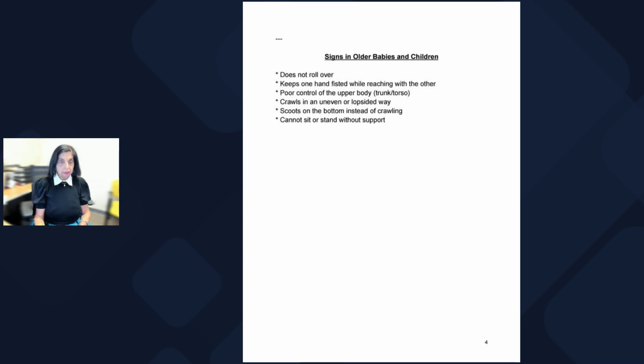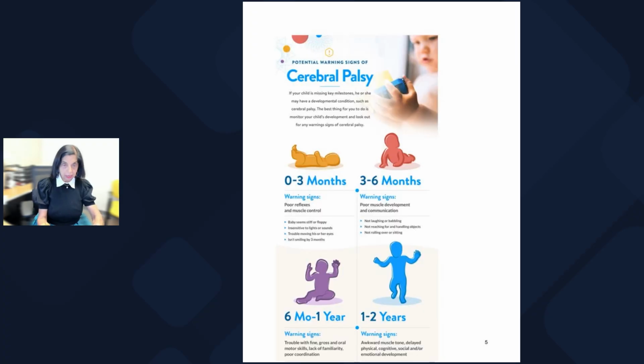They are unable to crawl, and instead of crawling, these babies scoot on the bottom. They cannot sit or stand without support. All these findings in the babies, I have documented in the next slide.